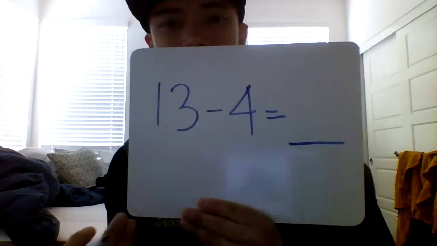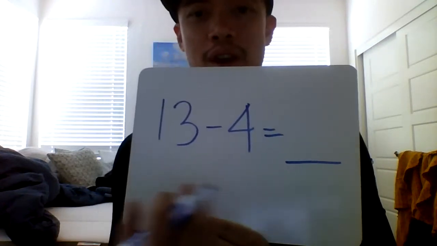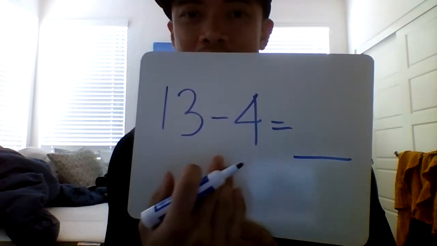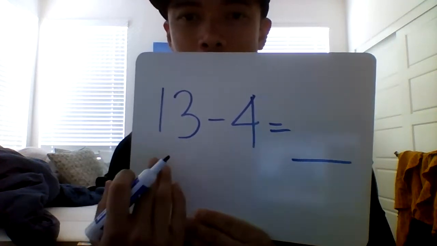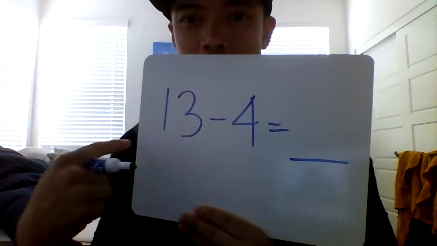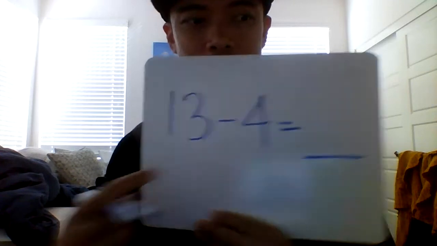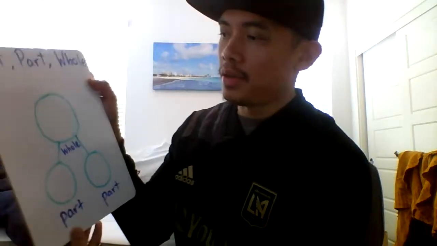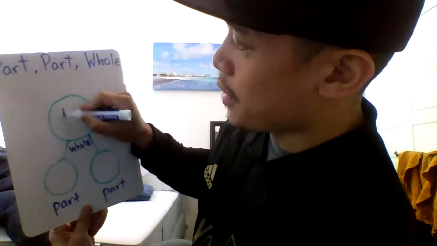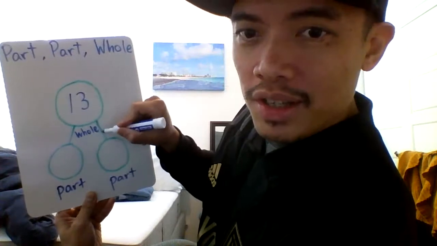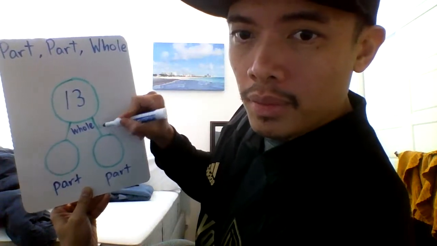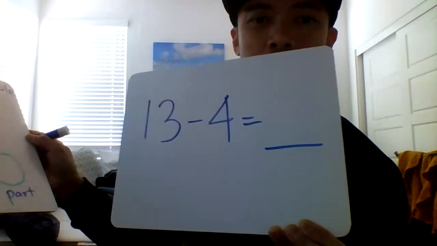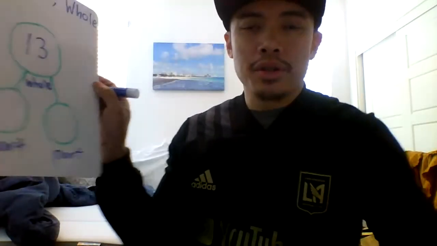Again, when we're subtracting two numbers, you're taking away from a whole. So the whole is the bigger number, which is 13. So on this number bond, the 13 will go where it says whole. And one of the parts of that 13 is 4. So we already know one of those parts.